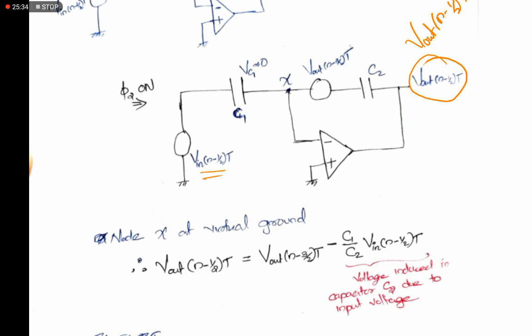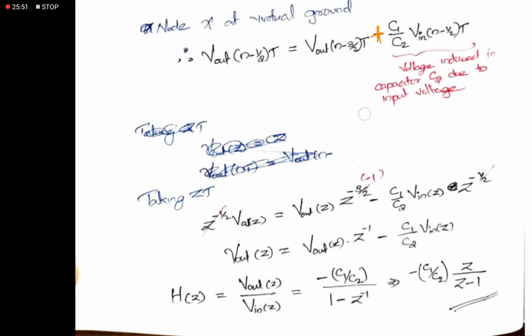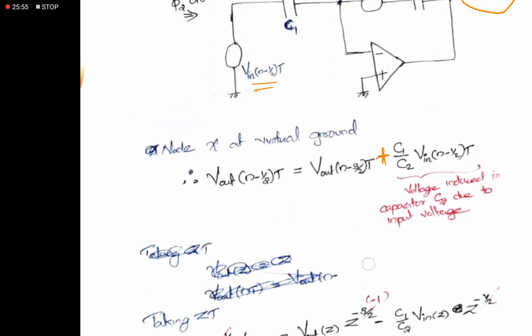So the output voltage here is plus C1 by C2 times Vin of (n minus 1/2)T. The times are (n minus 1/2), (n minus 3/2) and (n minus 1/2). From here itself we can take the Z transform easily.